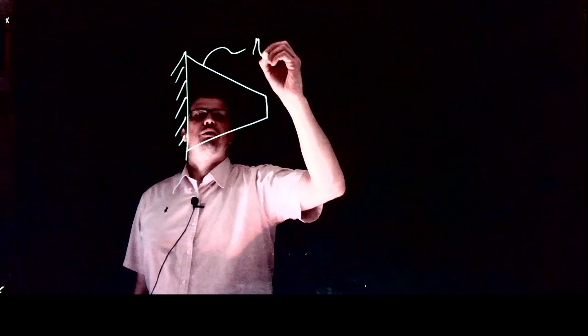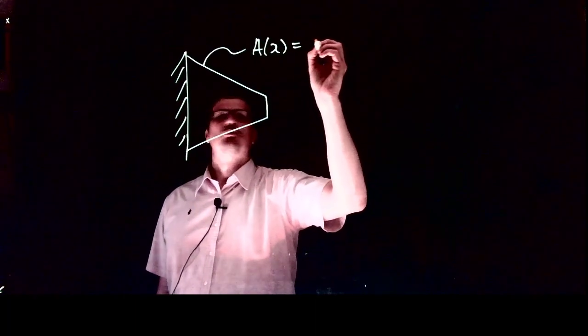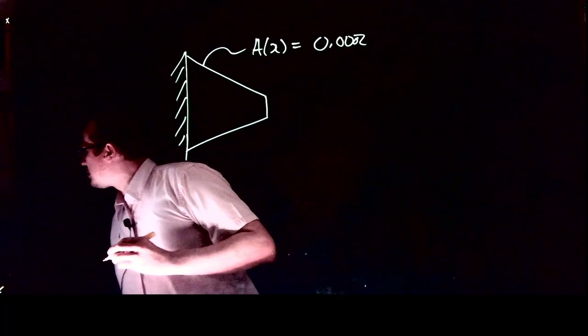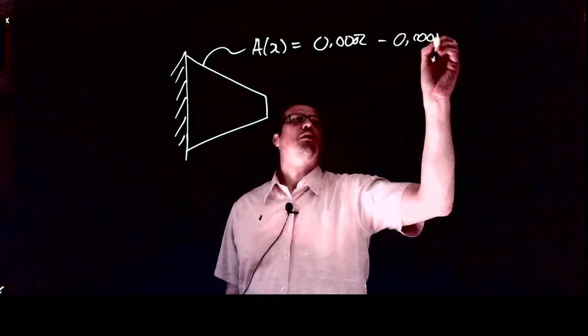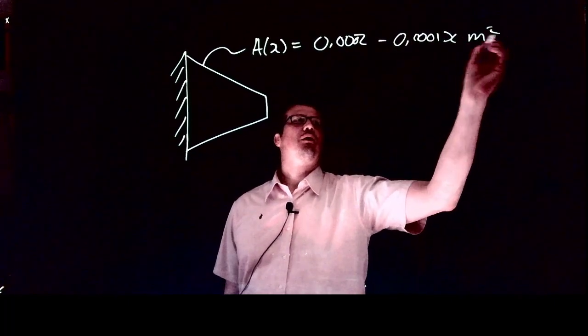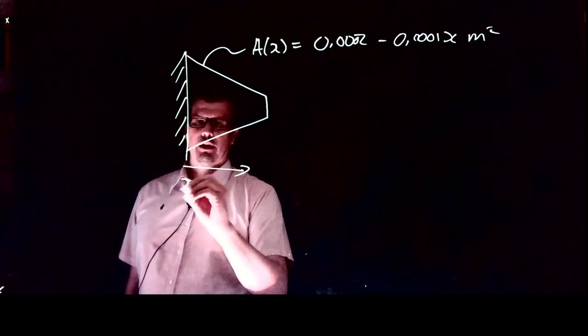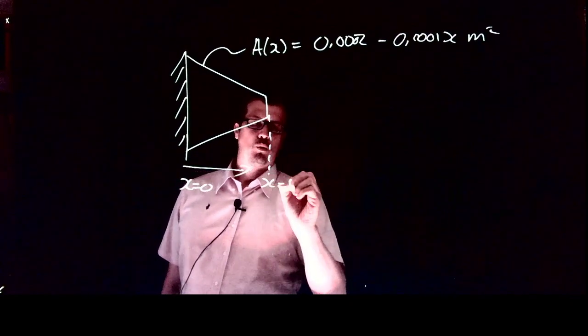So I can say area, what was the variation? A of x is equal to 0.002302 minus 0.x meter squared. This bar has a length of, so x equals 0 up until x equals 1 meter.